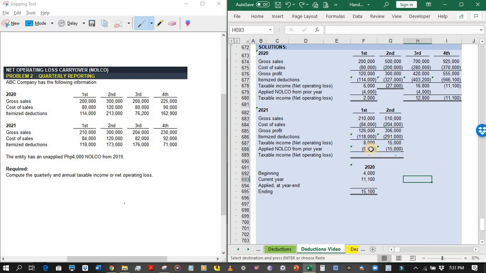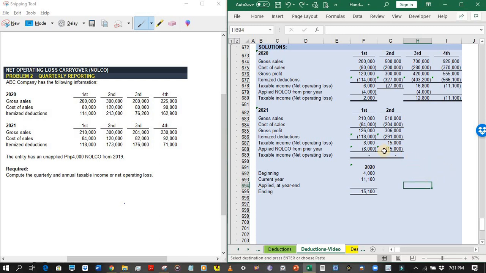Which means that the 8,000 NOLCO applied in the first quarter must also be part of the NOLCO applied for the second quarter. So this 15,000 is not in addition to the 8,000. The 15,000 NOLCO applied here includes the NOLCO applied in the first quarter. Again, because we are reporting on a cumulative basis.